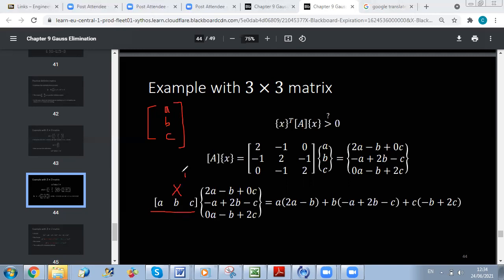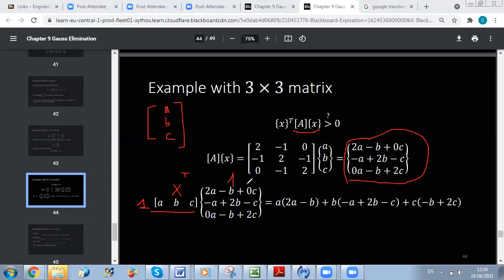Okay. And now concerning A times x, you understood how we obtained this column vector? Okay. So now you are multiplying a matrix with one row with a matrix with one column.